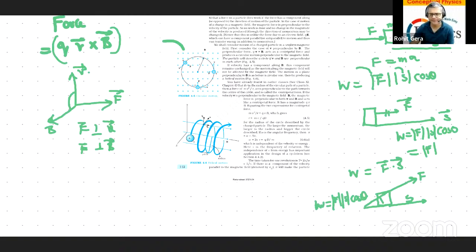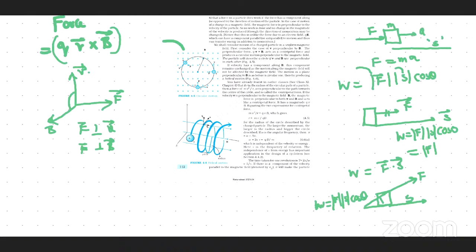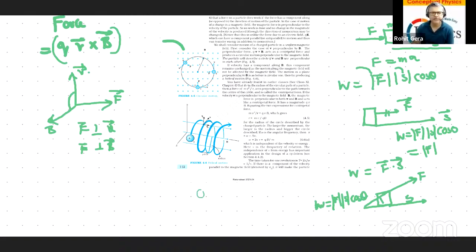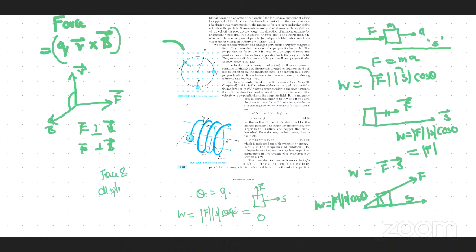Now let me put theta equal to 90 degrees. I'm applying a force, and this is the displacement. What is the work done? If force and displacement are perpendicular to each other, no work is done.